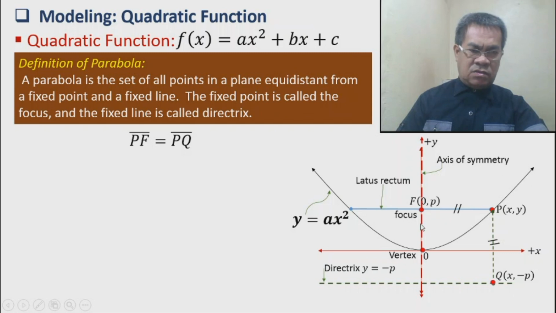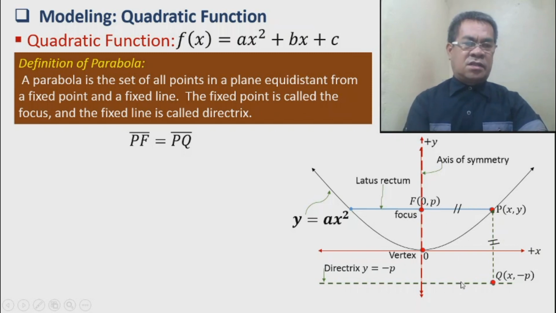Any point on the curve is always equidistant from the focal point and the directrix line. For example, if I point to this one, connecting this line should be equidistant to the distance towards the directrix. It should be perpendicular to the directrix line.